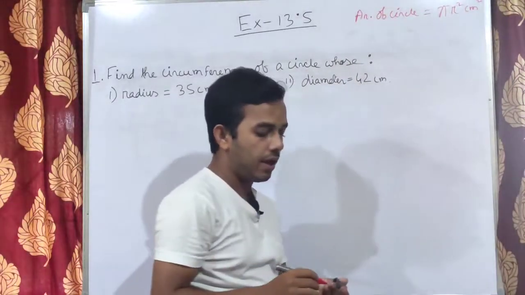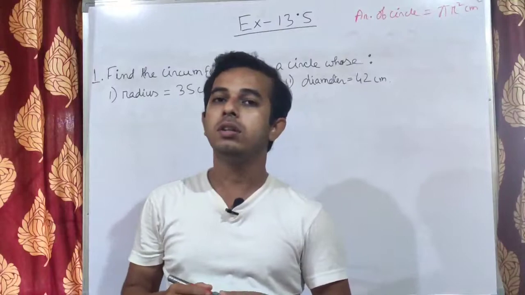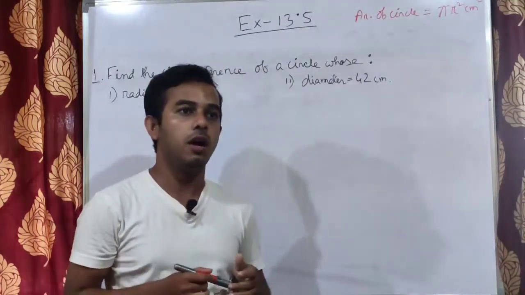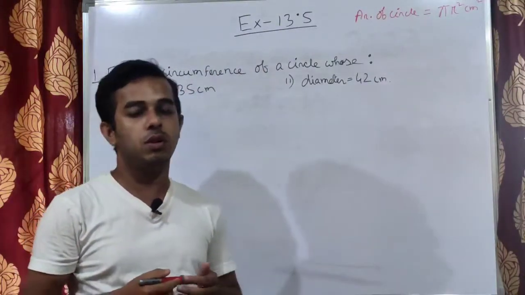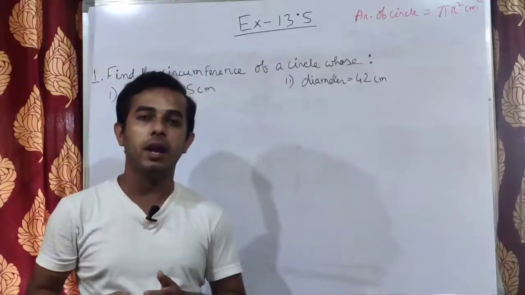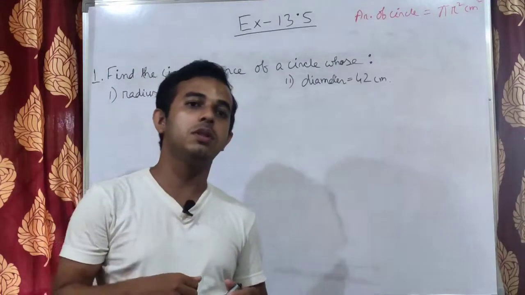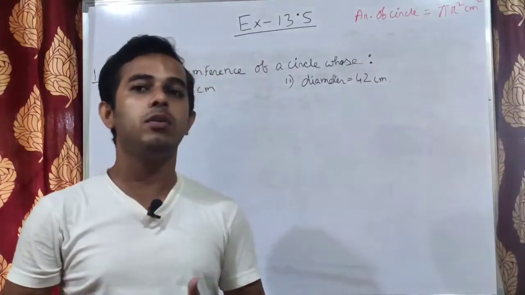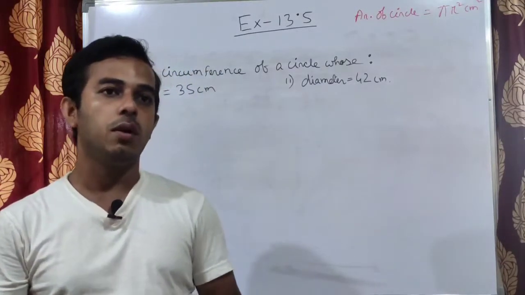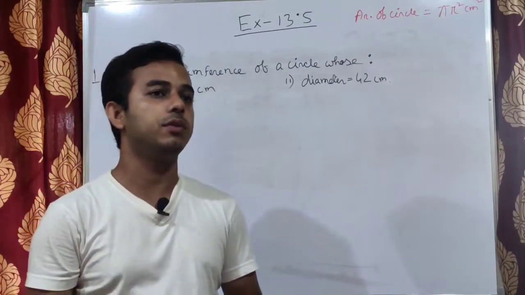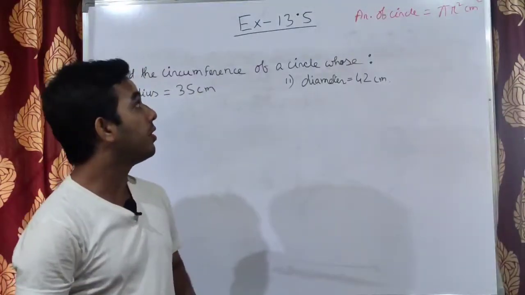Value of pi is either 22/7 or 3.14. Usually we use value of pi as 22/7, and if in questions it is asked to use 3.14, then we use pi as 3.14.